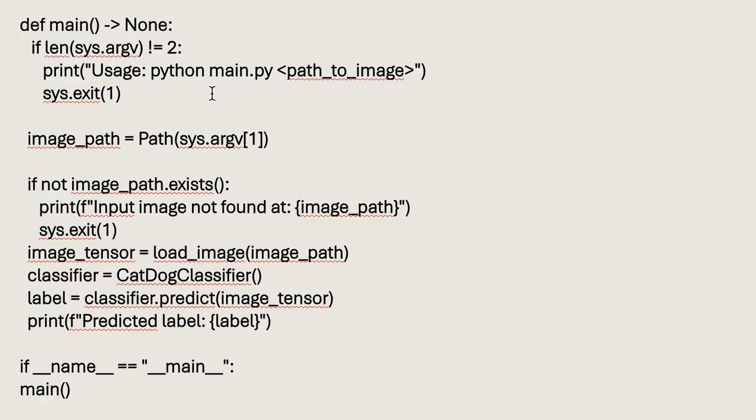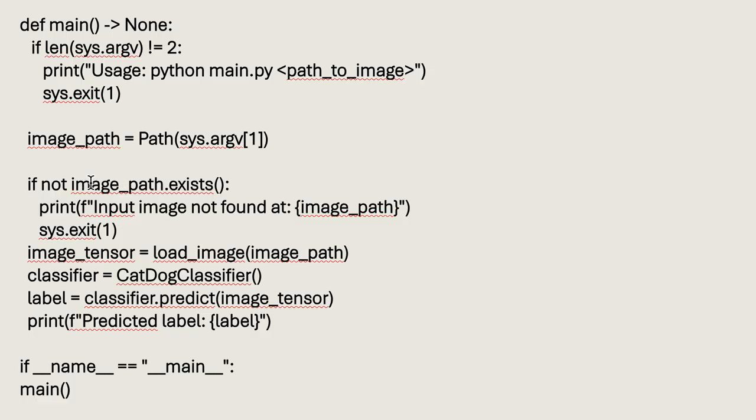It takes it from the user, and once the path is pasted, it goes to the next line, which is image path. We are storing whatever we got from here into this image path, and it checks whether the image exists or not.